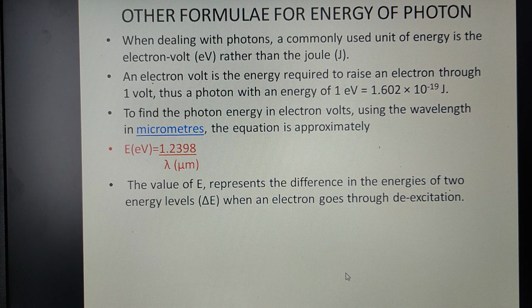The value of E represents the difference of the energies of two energy levels, that means delta E, when an atom goes through excitation. When you look at a particular atom, you have a high energy orbit and a low energy orbit.